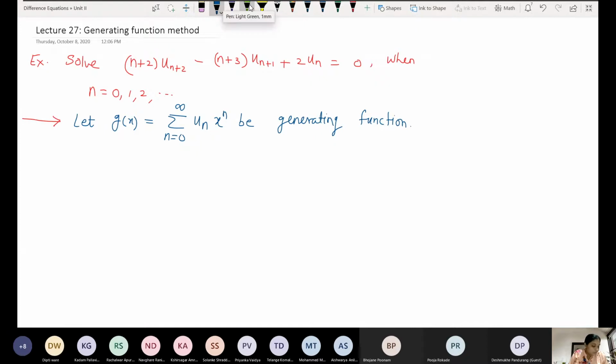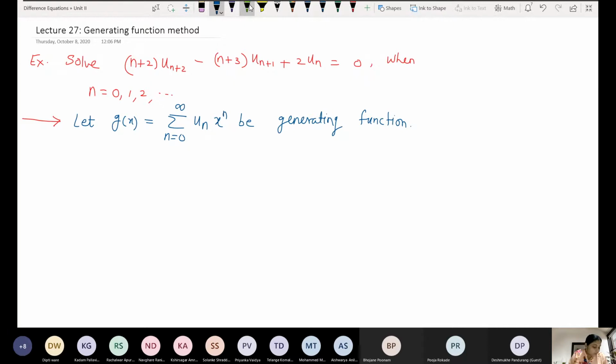So what we will do, this is our generating function g of x, infinite series n is equal to 0 to infinity un x raised to n. Now first we will multiply each term in the difference equation by x raised to n and sum as n goes to 0 to infinity.